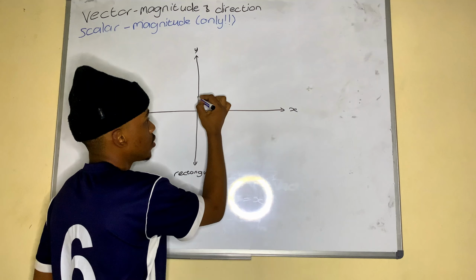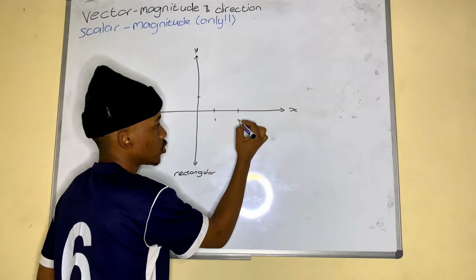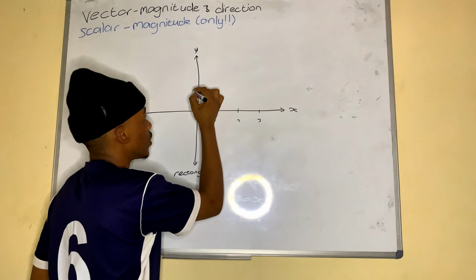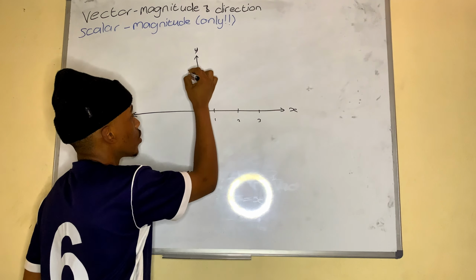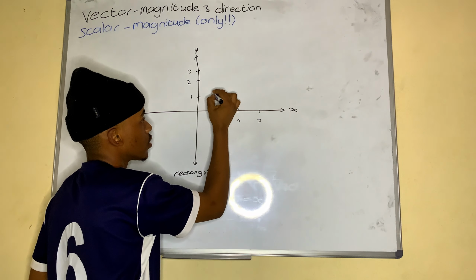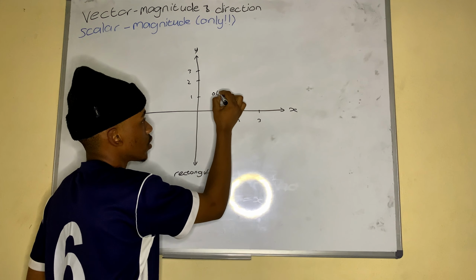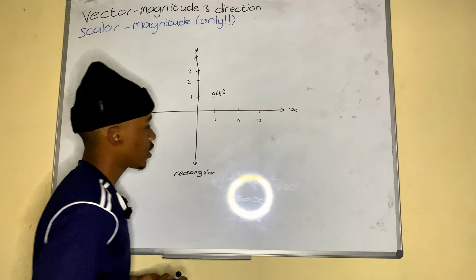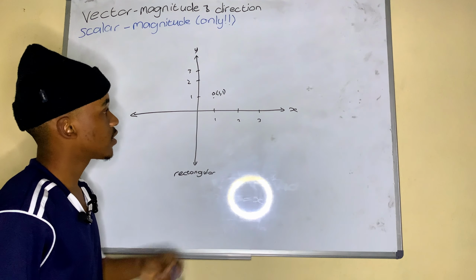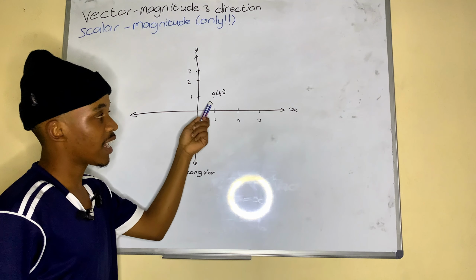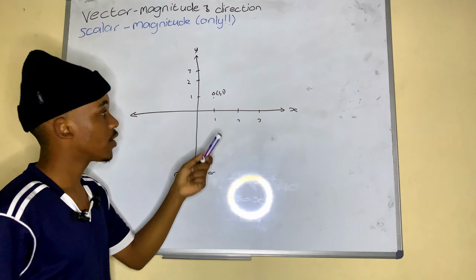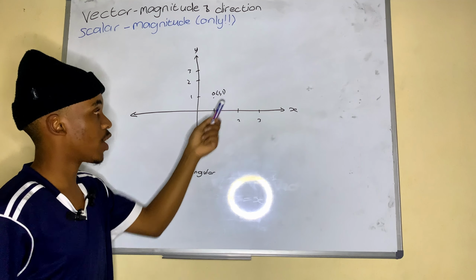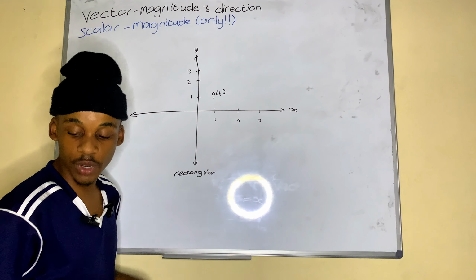Say for example 1, 2, 3, 1, 2, 3. Say for example we've got a point here at O which lies at 1, 1, where its x value is 1 and its y value is 1. This is known as the rectangular plane.